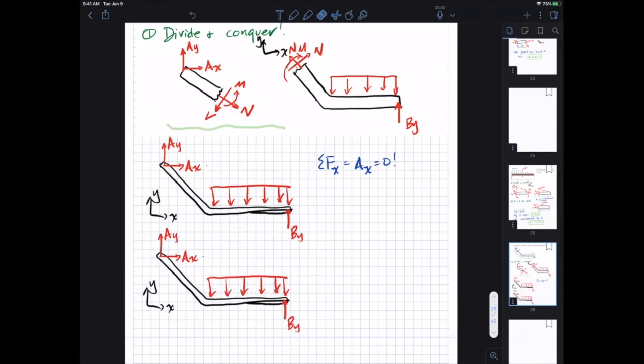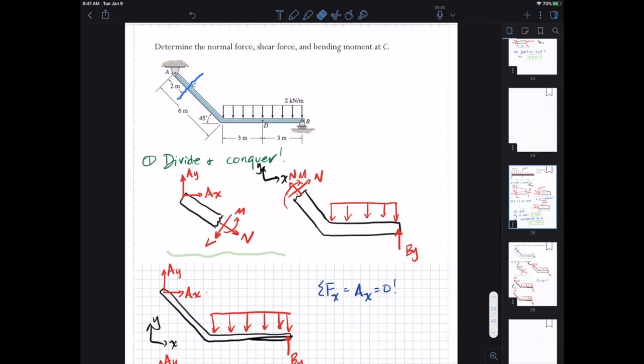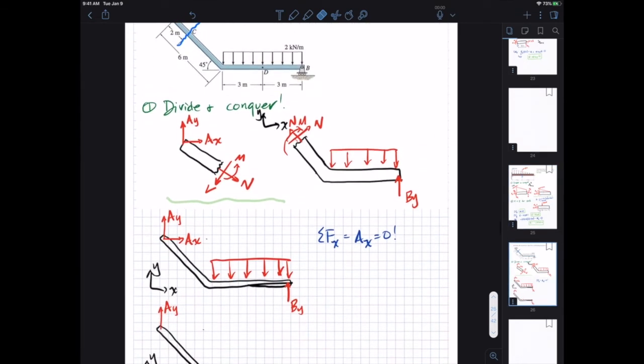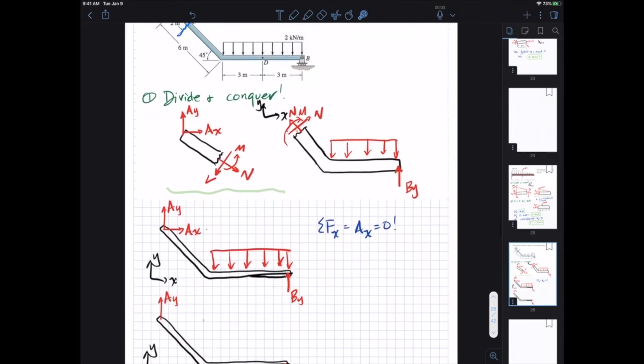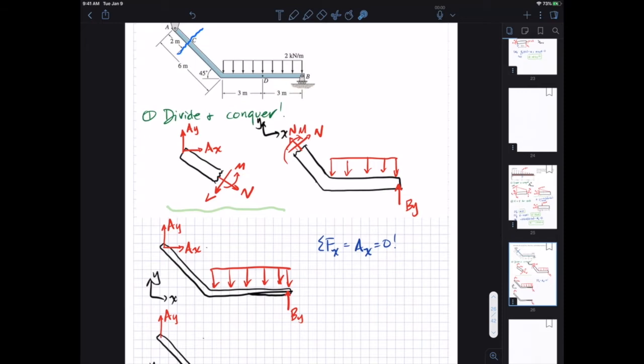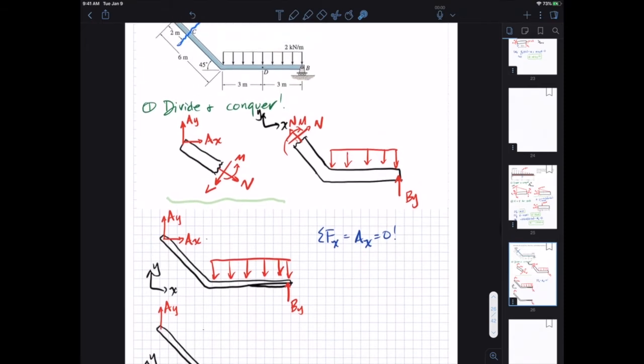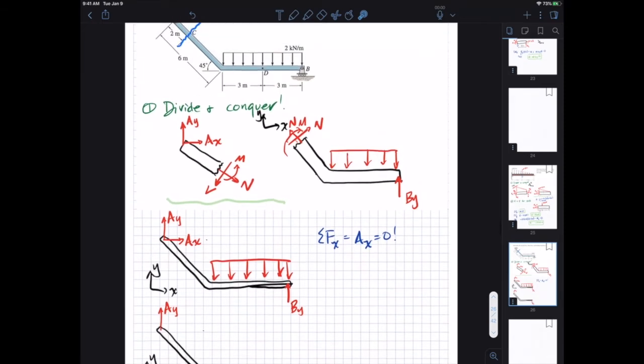So already we know AX is gone, and let's replace our single uniform load, 2 kilonewtons per meter over the 6. So I'm looking up here at the top, 2 kilonewton per meter times 6, right, is going to give me 12.